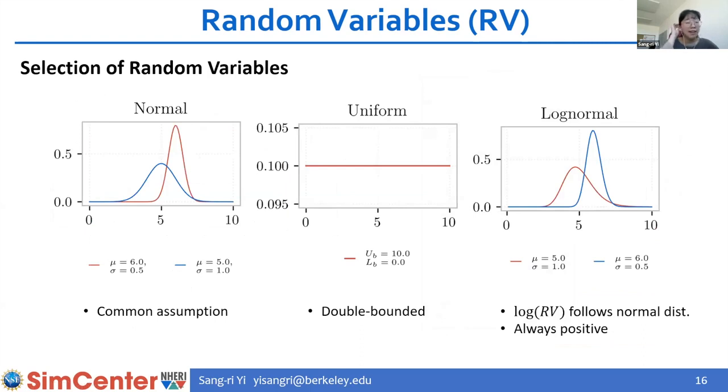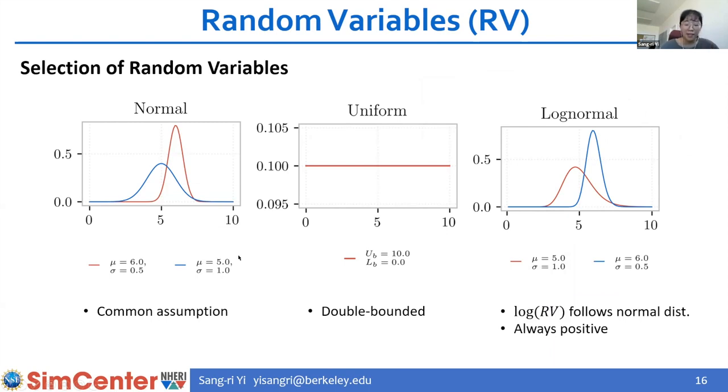These slides contain very brief descriptions of each random variable, especially for those who are not really familiar with how to deal with randomness. The first one is the normal distribution, which is the most common choice.